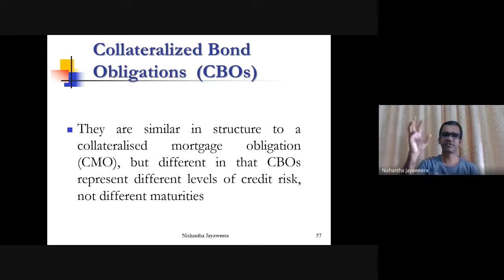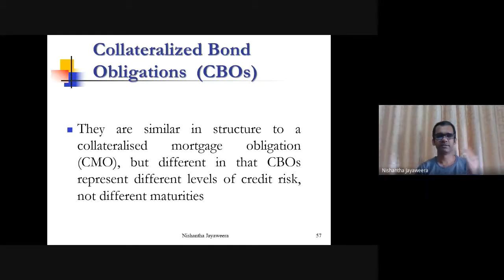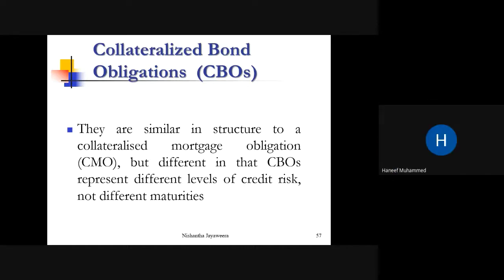The credit rating of the 5% would be AAA. The 10% one would have a credit rating of AA or something like that.